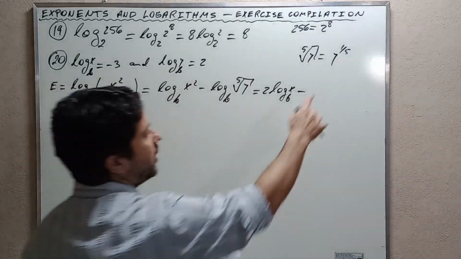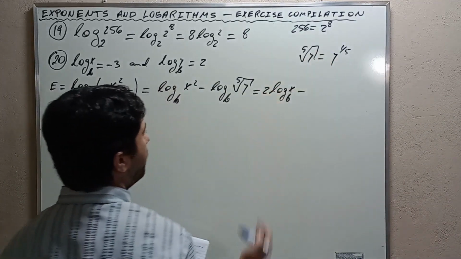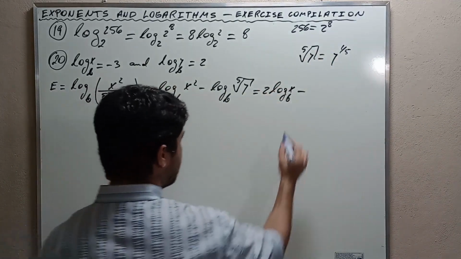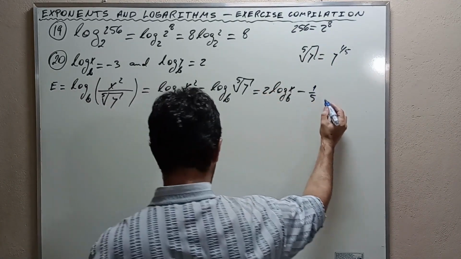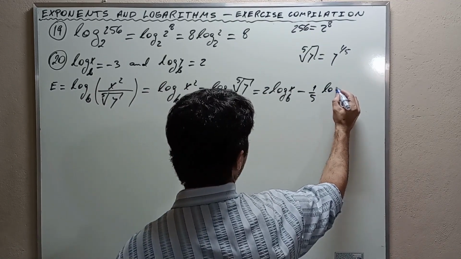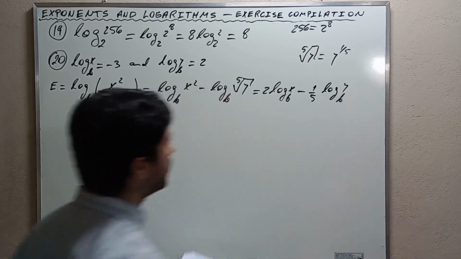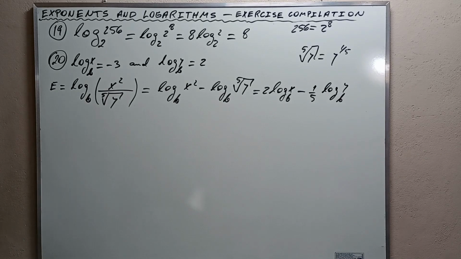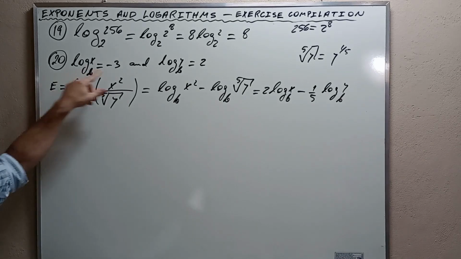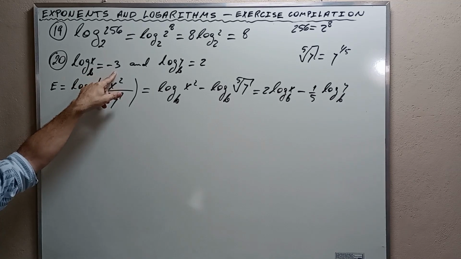And passing the power multiplying, we find that it is 1/5 of the logarithm of y base b, okay? But the exercise says that the logarithm of x base b is equal to negative 3.